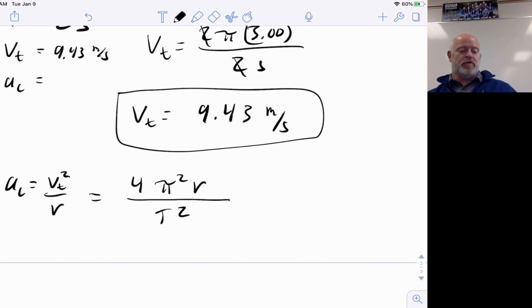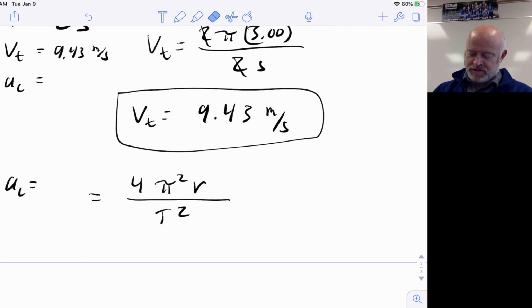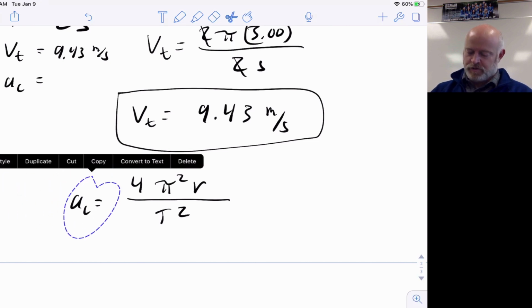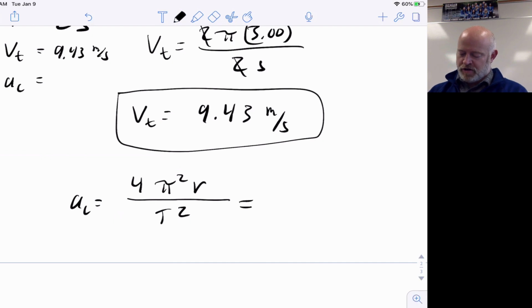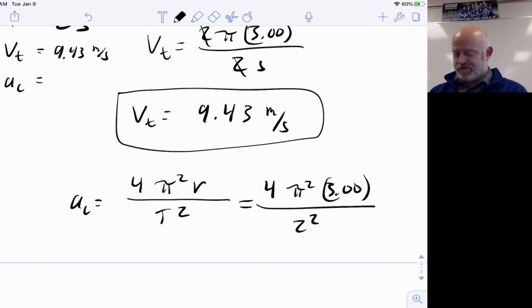Either one of those equations still works. In this case, I'm going to use the second one. So it is 4 pi squared, my radius is 3, divided by my period squared, 2 squared. Nice for me, 2 squared is just 4, so 4 and 4 cancel out.